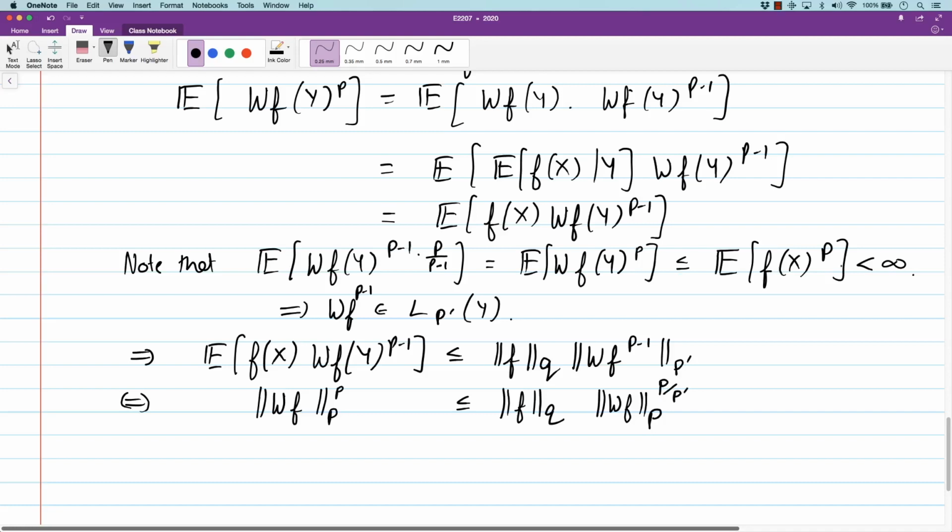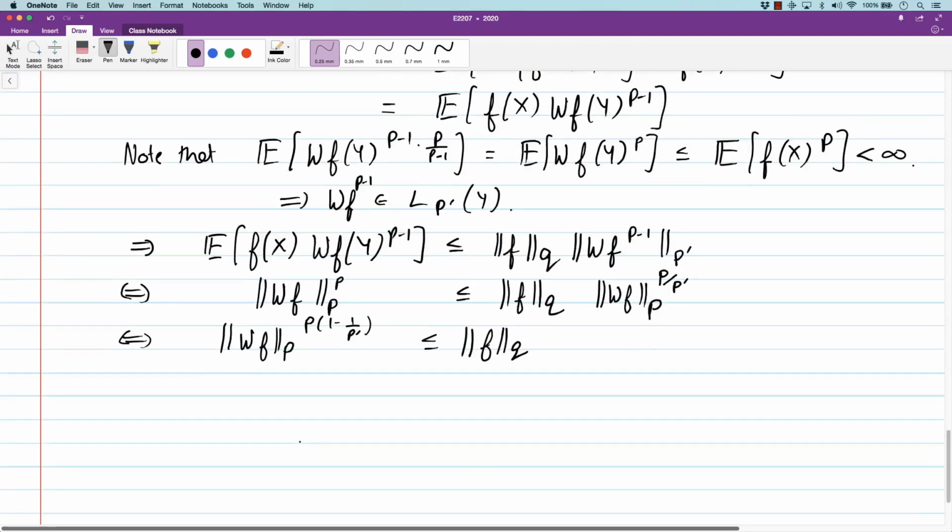That's this norm here. So what we get is the norm of WF to the power p times 1 minus 1 by p prime is less than the norm of f in L^q, and since p prime is the Hölder conjugate of p, 1 minus 1 by p prime is 1 by p, so this is just 1, which is the same as saying the norm of WF in L^p is less than or equal to the norm of f in L^q.